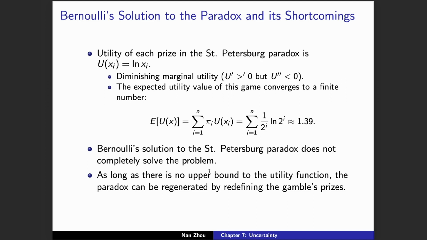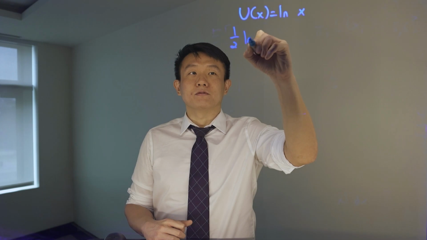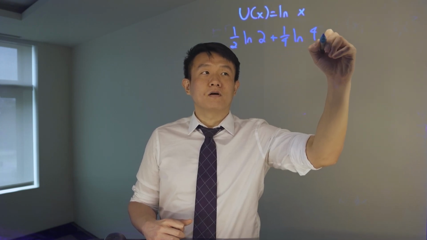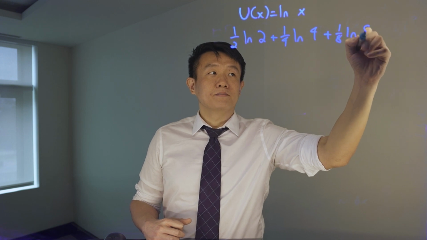Let's say we have a utility function, log x. If we use this function to calculate the expected utility in the St. Petersburg game, we would get 1/2 times log of 2, plus 1/4 times log of 4, and so on.